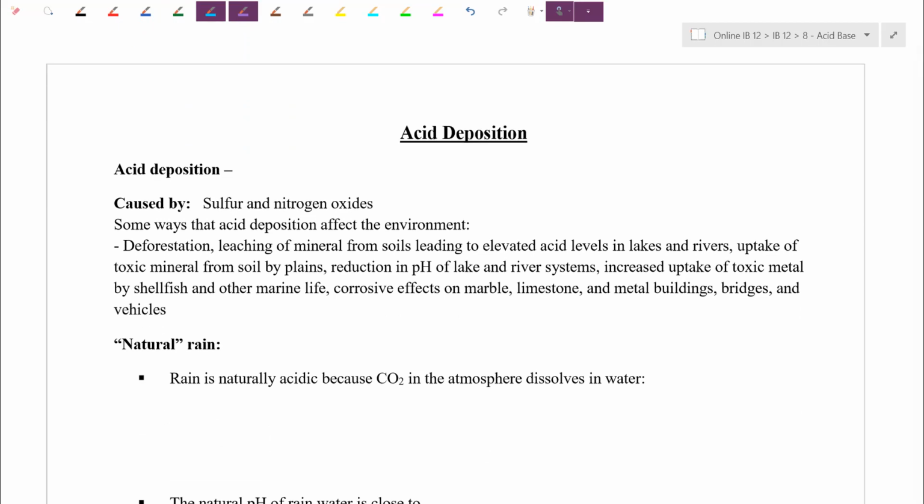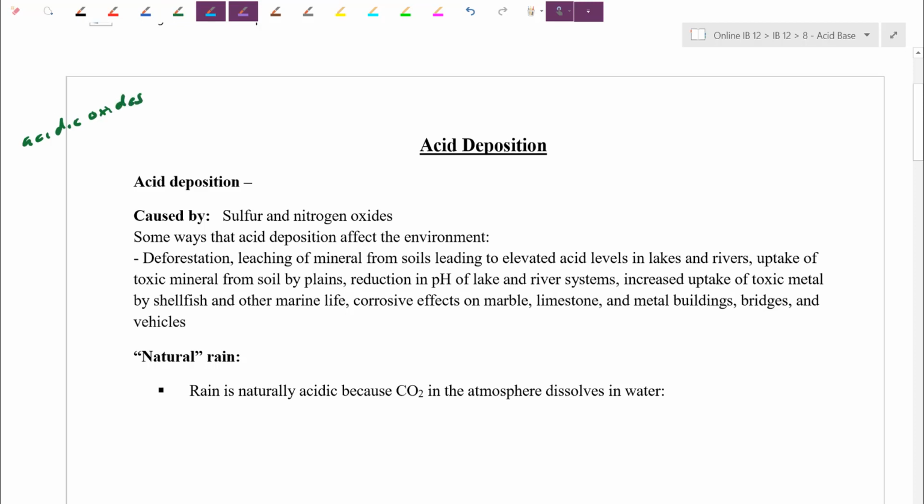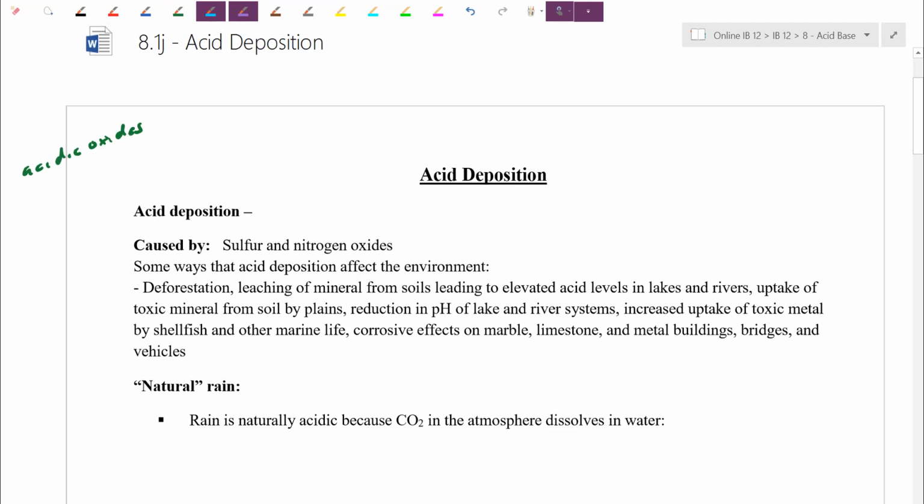In general, this is called acid deposition. You may remember from our periodicity chapter, we looked at our period 3 oxides. In general, acidic oxides are typically going to be covalent oxides, individual compounds here. Usually we refer to them as SOx and NOx. Basically, it's sulfur oxides, SO, SO2, SO3, things like that, NO2, NO3, like that. These non-metal oxides end up forming acidic solutions.